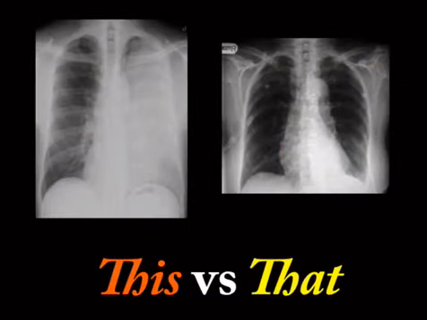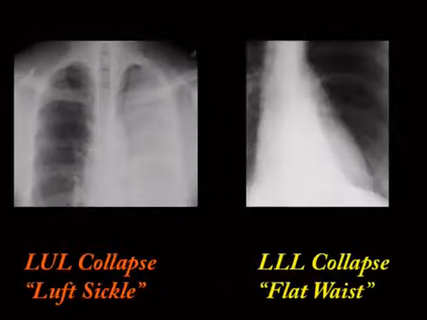Chest radiologists love atelectasis, and they also love named signs. So when you combine those two things, then you've got a high-yield topic. So the orange one here, let's zoom in. We can see that there is the so-called Luftsichel or air sickle.